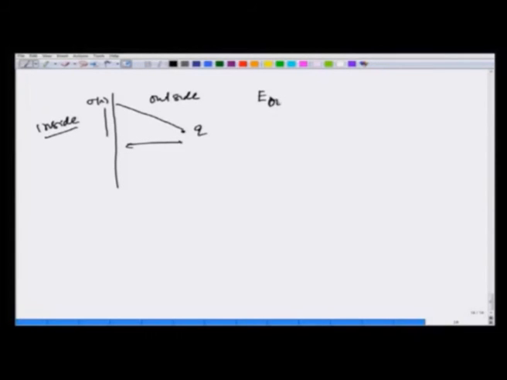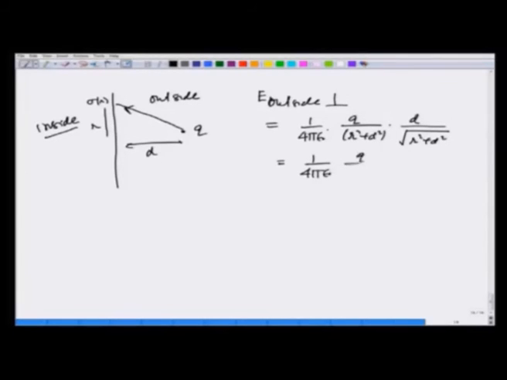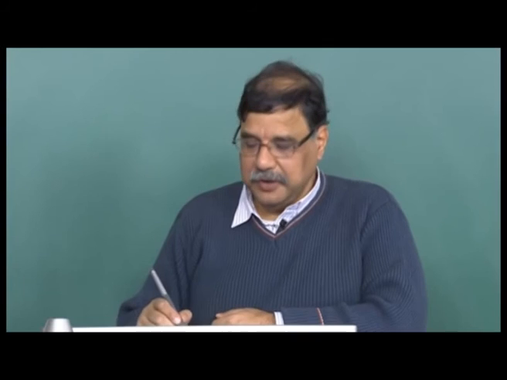E outside is going to be, this q gives a field in this direction, its perpendicular component is going to be 1 over 4 pi epsilon 0 q over r square plus d square is the field, and its z component or the perpendicular component is going to be d over square root of r square plus d square, which is equal to 1 over 4 pi epsilon 0 q d over r square plus d square raised to 3 by 2, and E inside and E outside are the same.